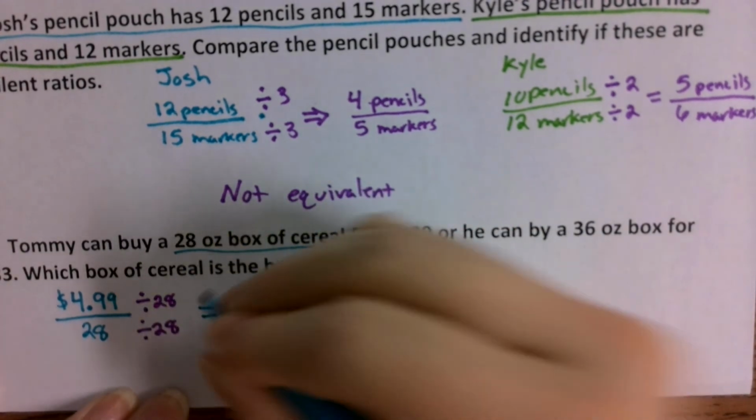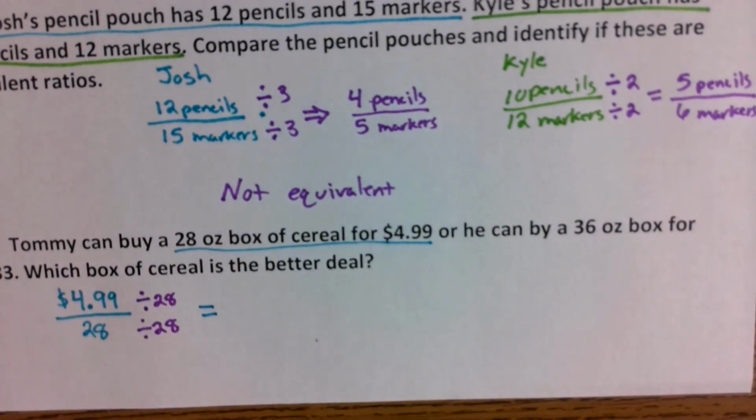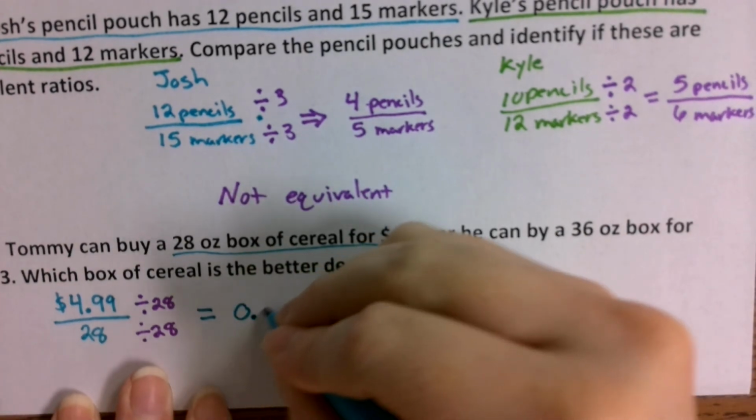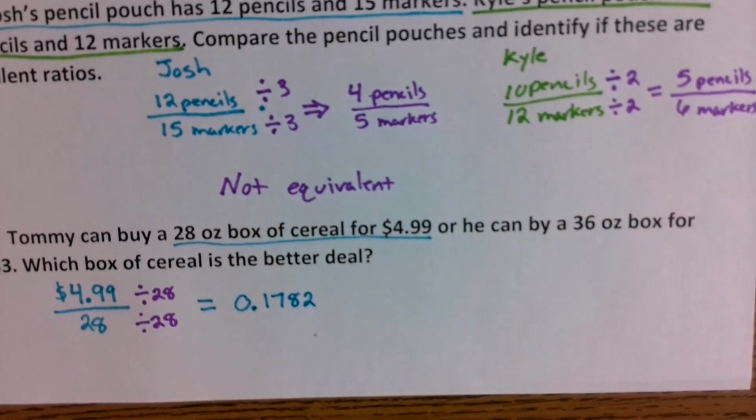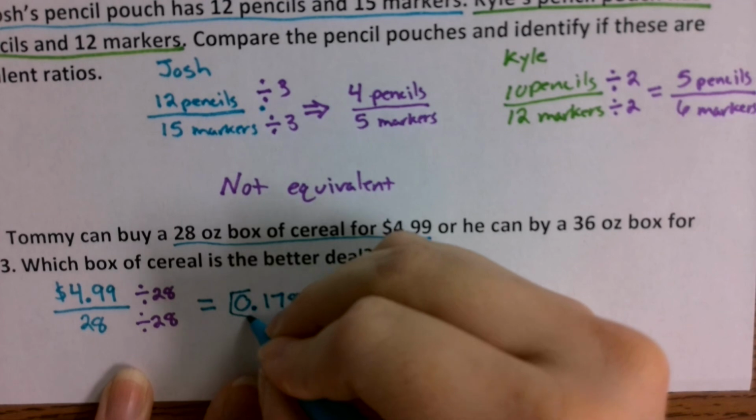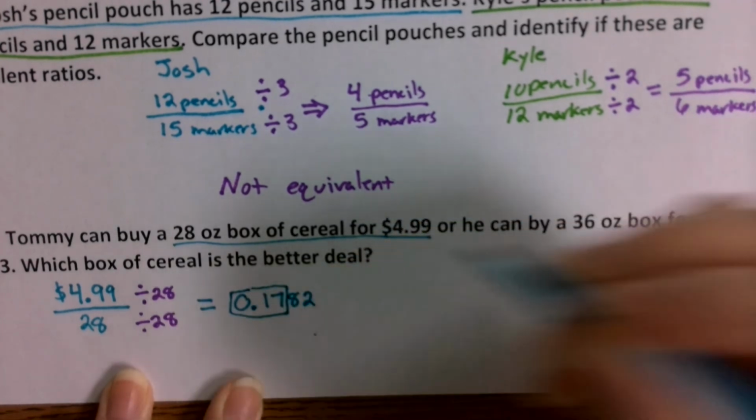So in your calculator, you should be typing in 4.99 and divide it by 28. And it's going to come out to 0.1782, and it just keeps going. Now remember, money is just right here, 0.17.